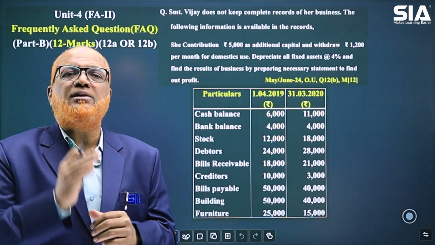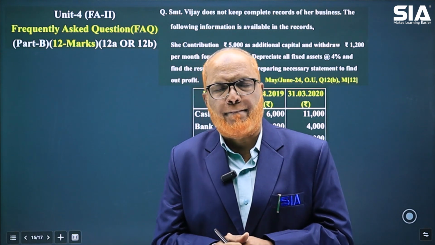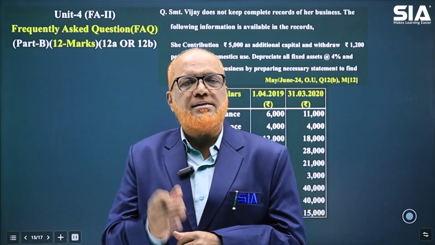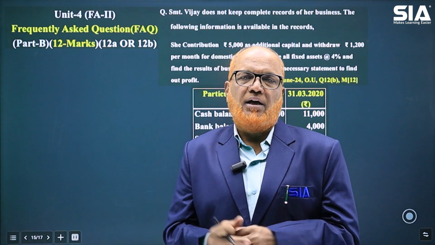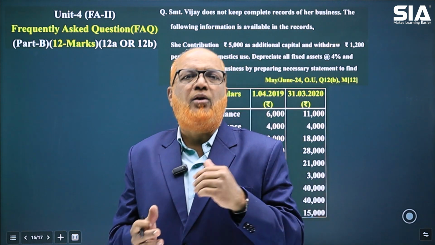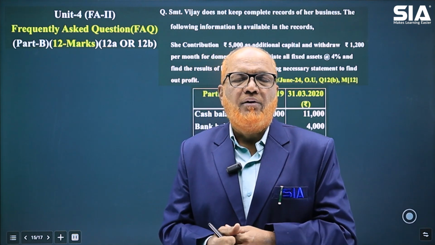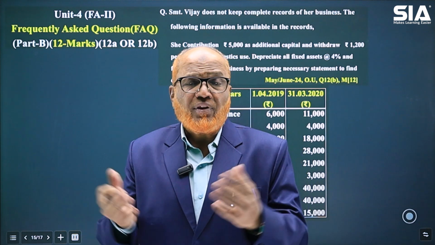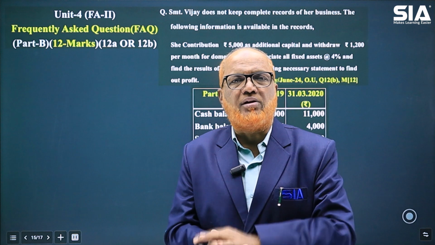Anyway, you should be perfect on problems. There are 2 methods of finding out the profit by single entry system of accounting: statement of affairs method and conversion method. In statement of affairs method, we compare the capital at the beginning of the year and end of the year and make some adjustments to find out the profit. Whereas in conversion method, we have to convert the incomplete system of records into a complete double entry system.